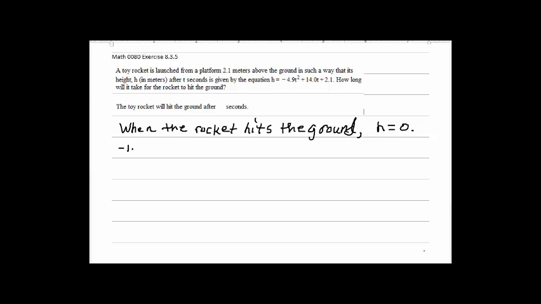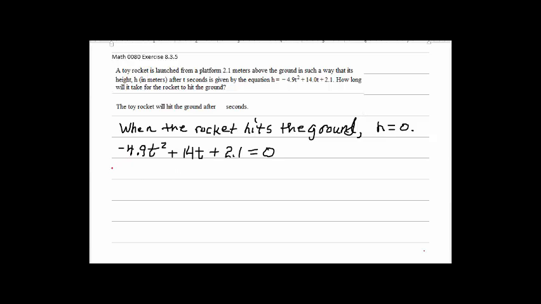So we're going to take the quadratic expression, negative 4.9 t squared plus 14.0 t, we'll just write that as 14t, plus 2.1, and we're going to set that equal to 0. We want to know what t value gives us a height of 0.